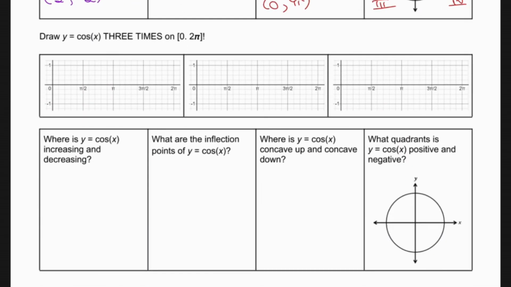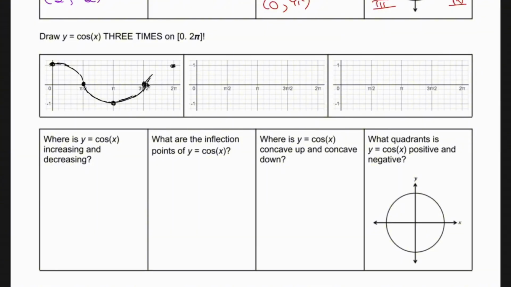Draw cosine x 3 times on the interval 0 to 2 pi. Cosine started out at 1, and then at pi over 2 hit 0. At pi hit negative 1. At 3 pi over 2 hit 0, and repeated at 2 pi. Concave down, inflection point, concave up, decreasing, minimum, concave down, increasing.